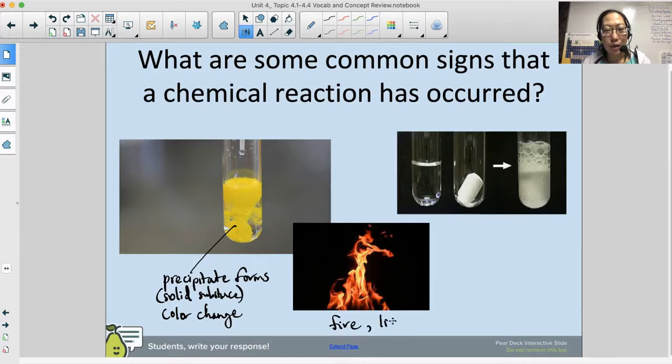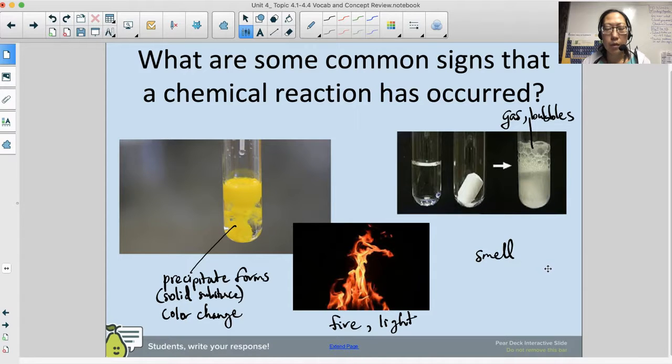Light being given off. In class, I burned magnesium, and magnesium gives off an intense bright light. Here we have chalk being placed into hydrochloric acid. We see a gas, bubbles. This is a sign that something new has been formed. Other indications could be a smell from a chemical being formed and given off, and we smell it.